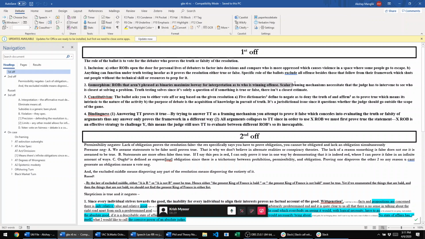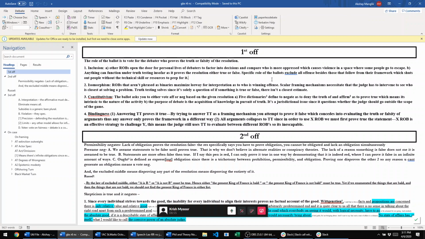Isomorphism. Yeah, so this one is generally not as common. I think it's more a subjectiveness argument about why you need a clear, bright line to determine who's winning offense.